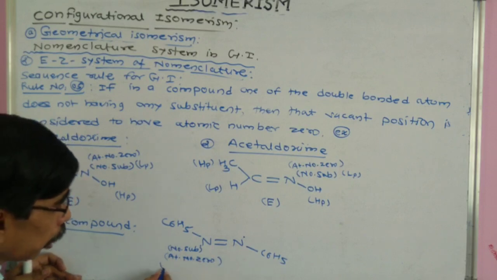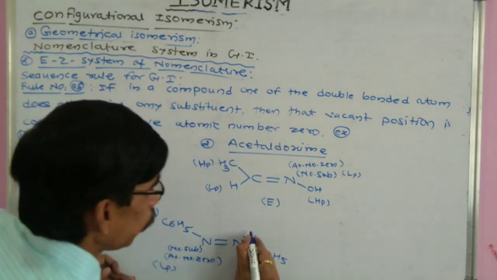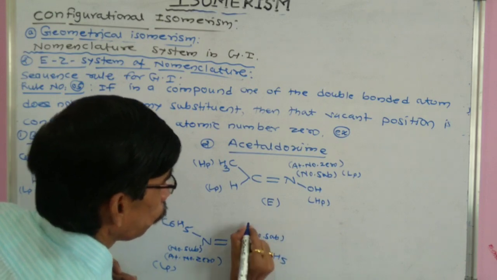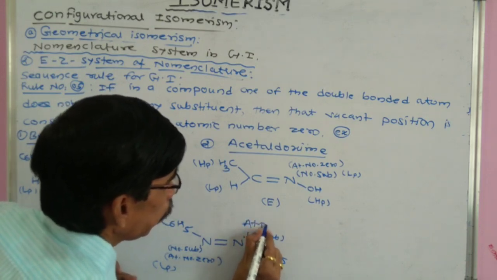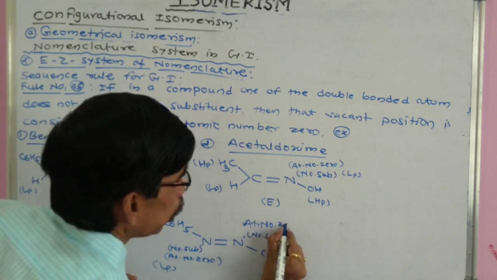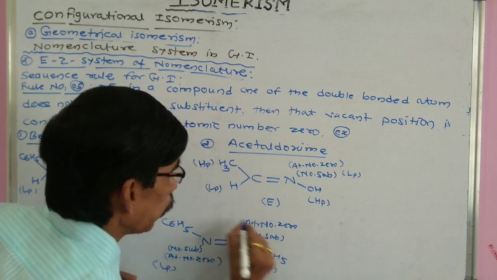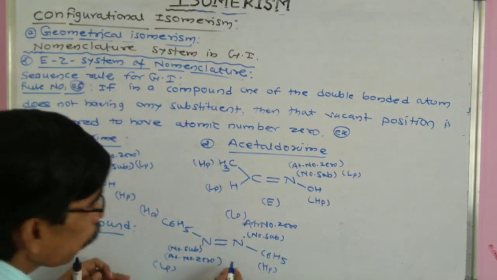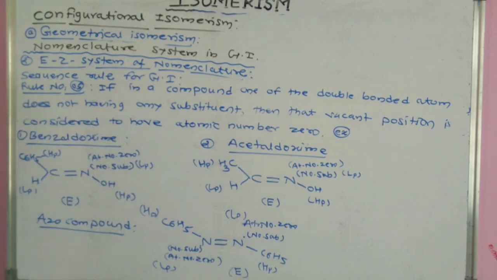Therefore this has the lower priority and this has the higher priority. So the higher priority groups are on the opposite side, therefore it is the E configuration.